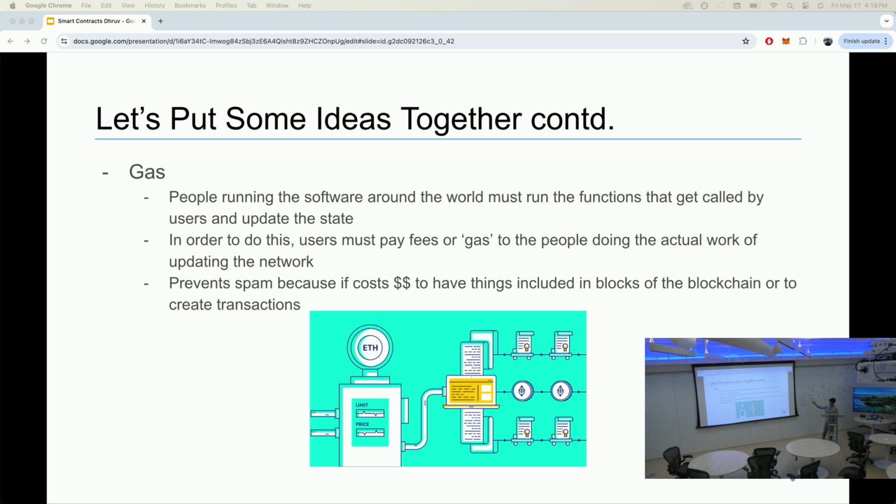Gas is an analogy you could think of like driving a car, because to be able to drive your car, you need to purchase gas. You can't just drive around for free. You need to actually have something doing the work of moving your car. And so when operating on the network here, you need to pay with gas to make things run.